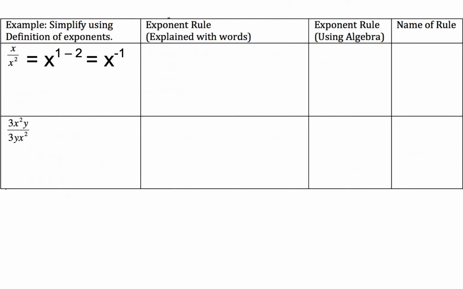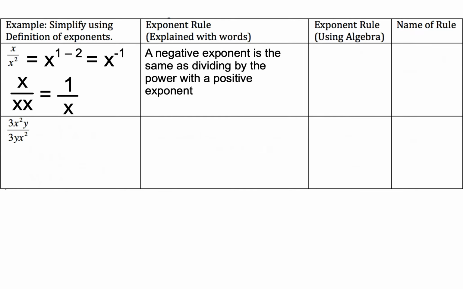If we apply the quotient of powers rule, we get x to the negative 1. If we do the fraction rule, then we get x over x squared, which is 1 over x. Okay, explaining the rule. A negative exponent is the same as dividing by the power with a positive exponent.